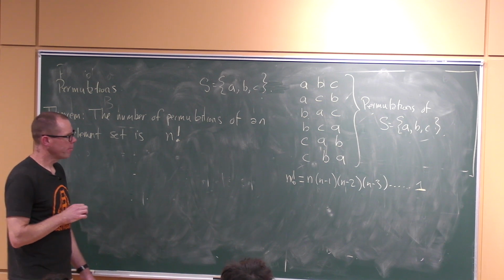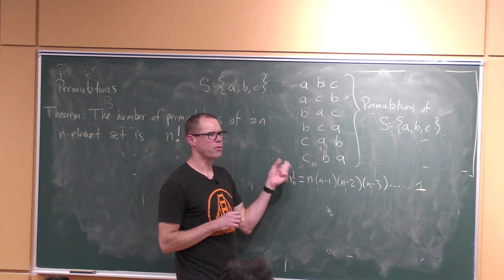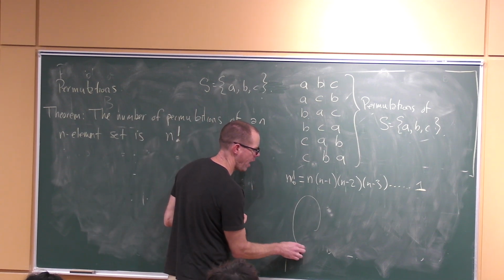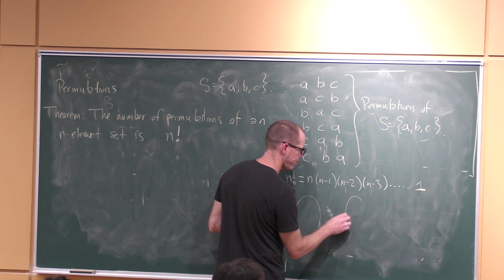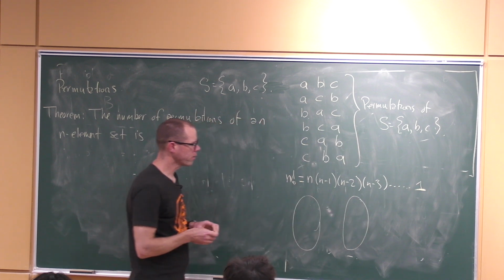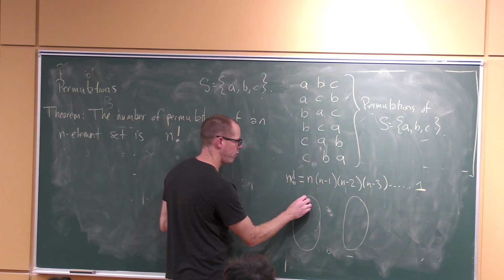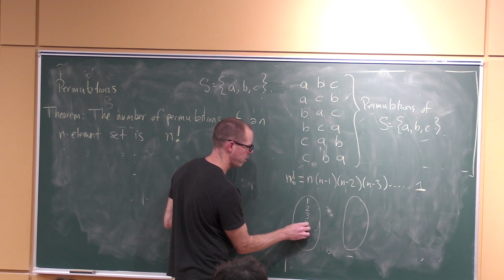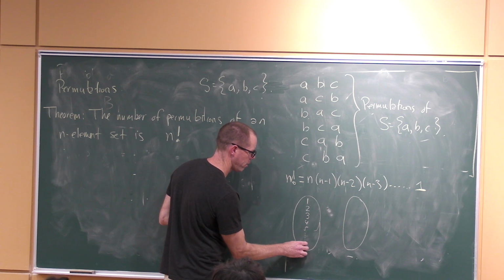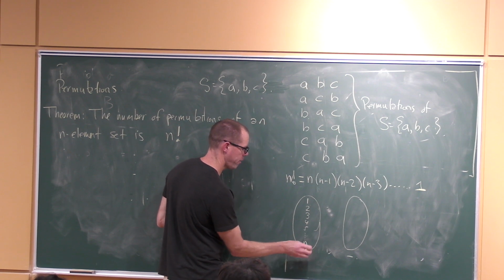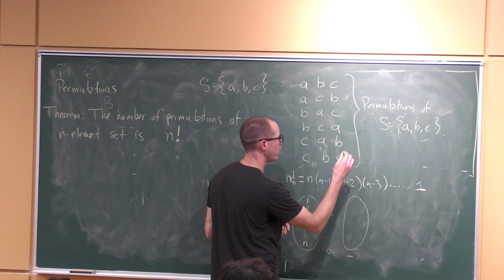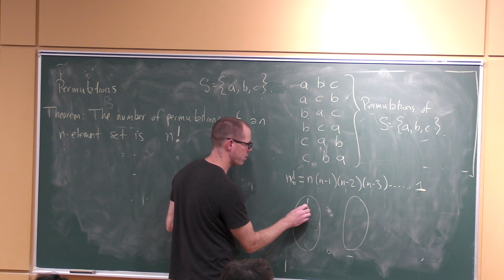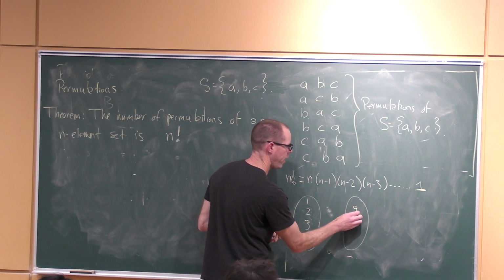In fact, we already proved something stronger than this last class, because last class we looked at one-to-one functions from a set A onto a set B. Let's just think of it this way: 1, 2, and 3, and A, B, C.